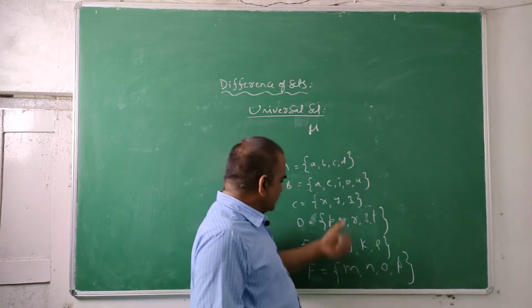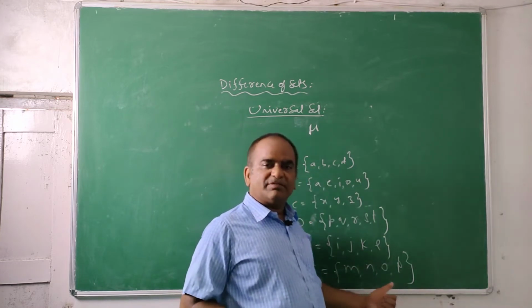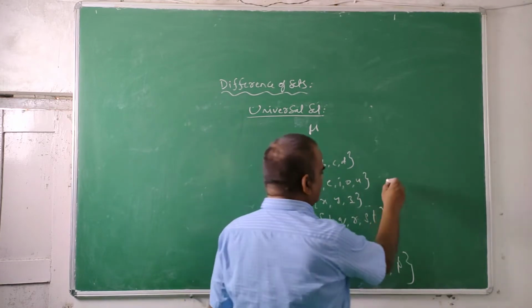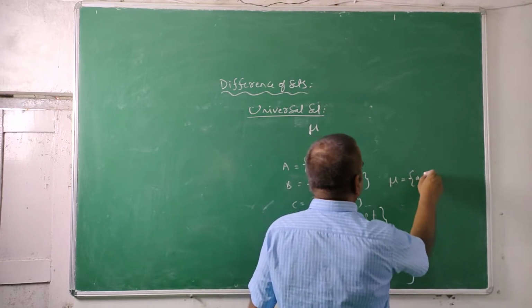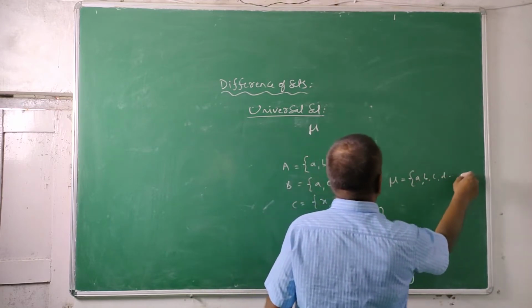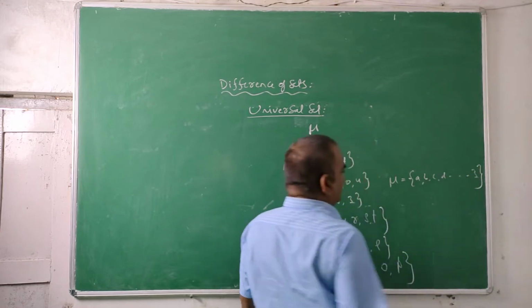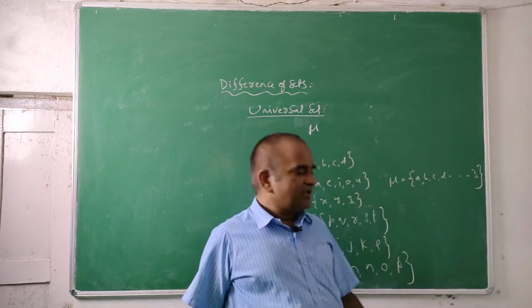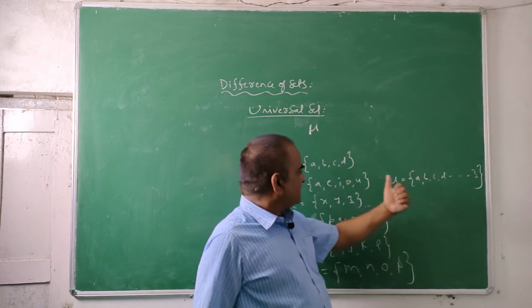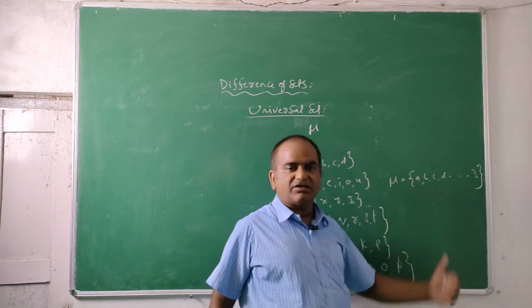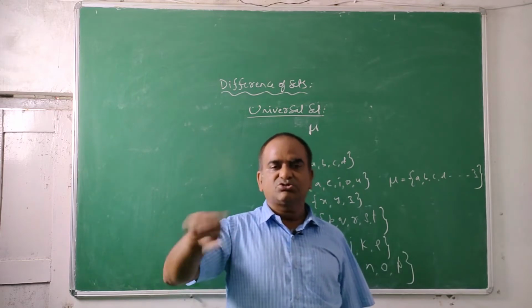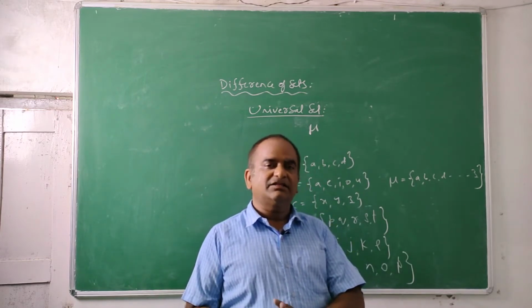So here, the universal set mu is equal to the set of all English alphabets, A to Z. Because here you can see A is a subset of mu, B is a subset of mu, all sets are subsets of mu in that particular question. Did you understand? This is the universal set.